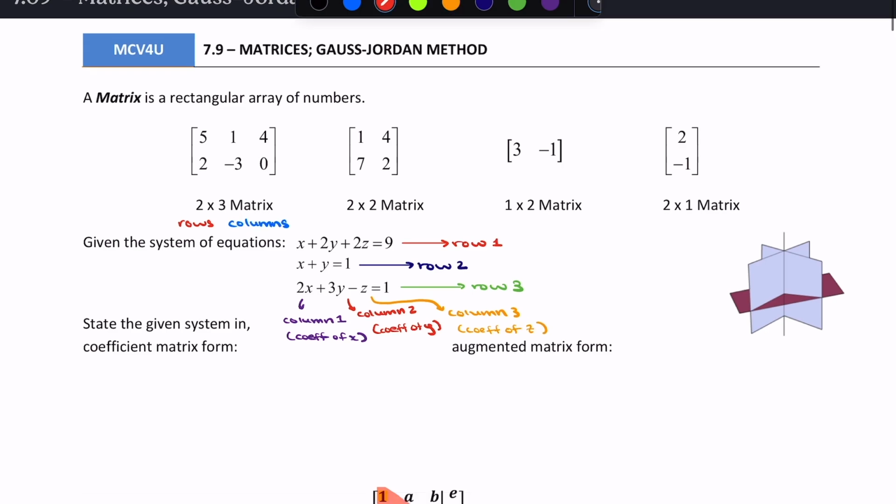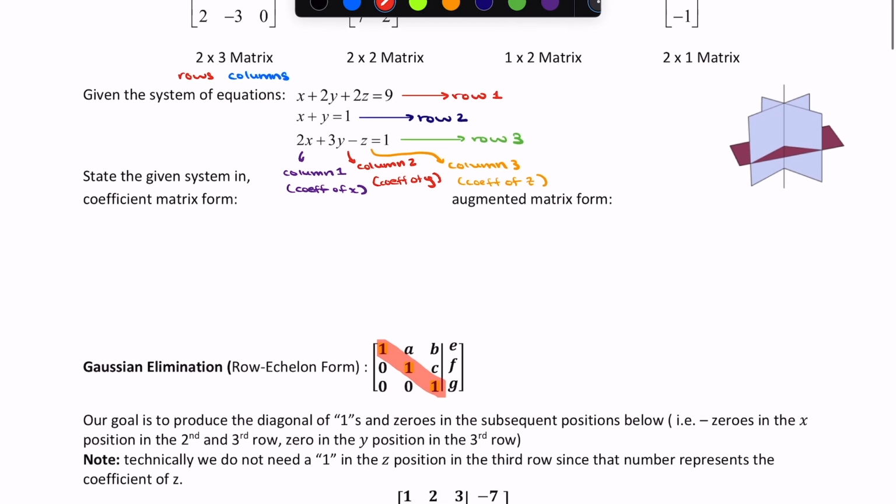Okay, so based on that, now we can write the given system in coefficient matrix form. In column number 1, that represents all the coefficients of x in our system of equations, so here that would be 1, 1, and 2.